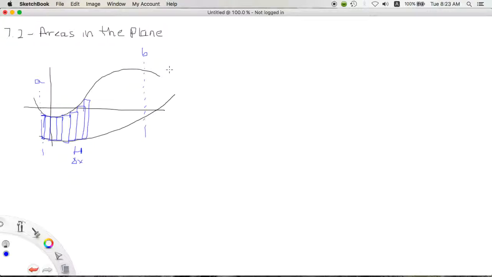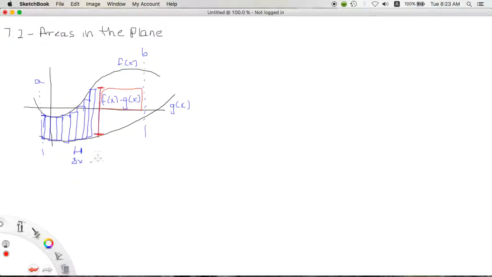Well, if this function is f of x, and this function, we'll call it g of x, then what's the height of these rectangles? Right, it's f of x minus g of x. So this is our height of the rectangles, f of x minus g of x.